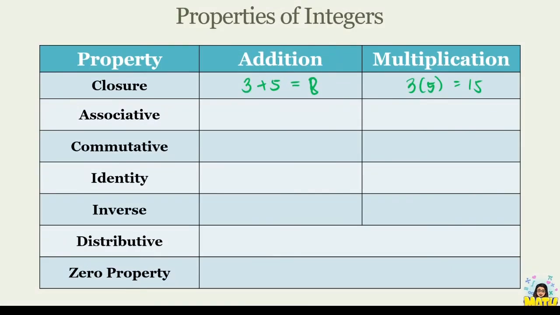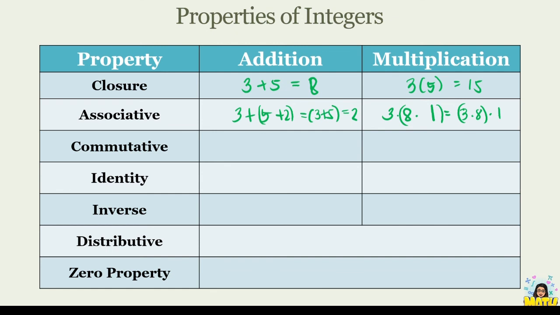Kapag sinabi naman nating associative property, when we add integers, whether 2 at a time muna, or ibahin pa natin, the answer will still remain the same. Ganon din sa multiplication, whether we change the groupings of the factors, the answer will still remain the same.